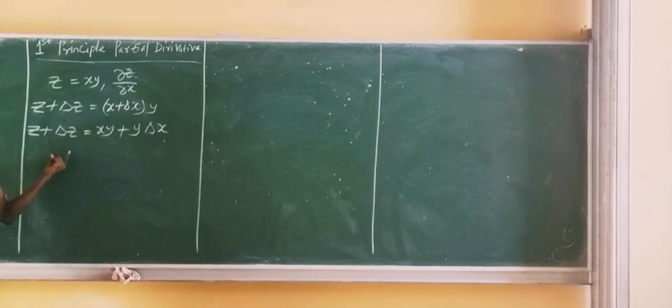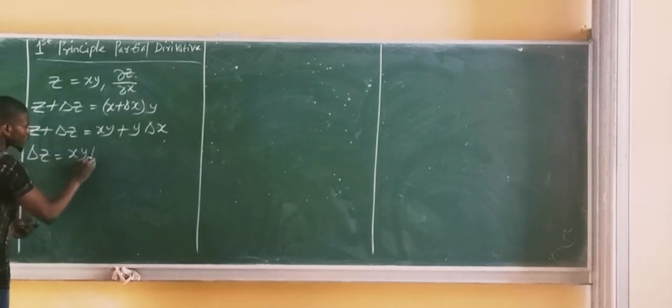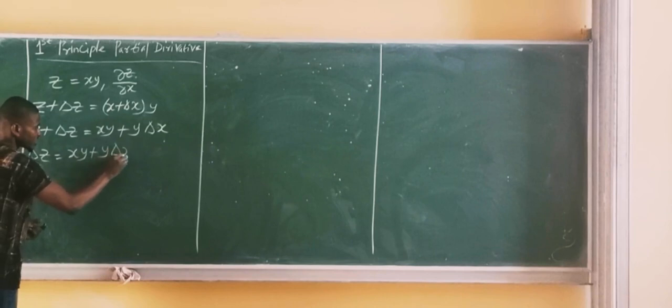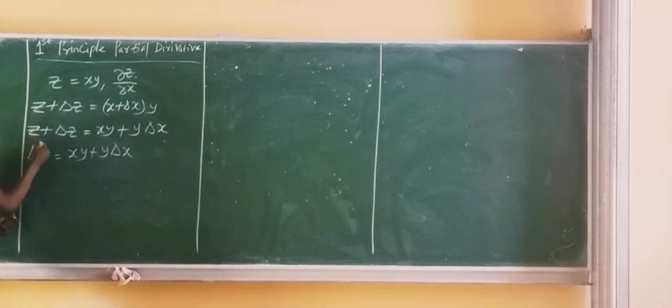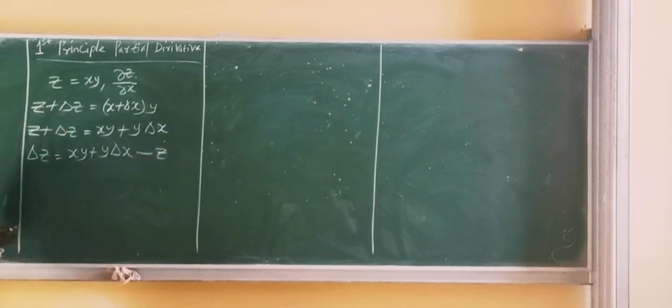Let change in z remain here. If I transfer z over to this side, I'm going to have that change in z is equal to xy plus y change in x. If plus positive z crosses over to this side, it becomes minus z.